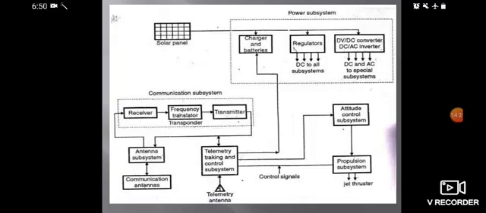And the next one is the propulsion subsystem. Usually an apogee kick motor is used to put the satellite into the final orbit. So for the placing of the satellite, it can use this, and it is operated by the on-board computers in response to the command control subsystem.